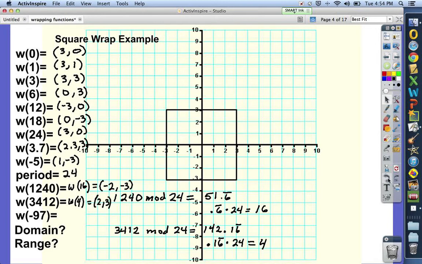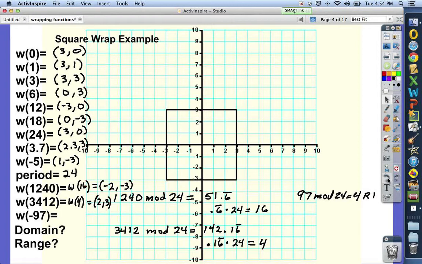Now we're up to another negative wrap. However, this negative wrap has a value larger than 24. So in other words, we're going to go around the square more than once. As a matter of fact, we can think about this as 97 mod 24. If I do the division, I'm going to get 4, remainder 1. Or you could do the decimal and use the calculator as I showed you before.